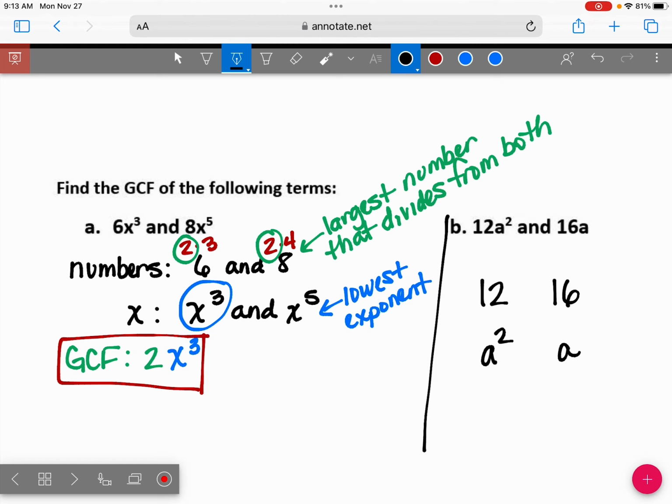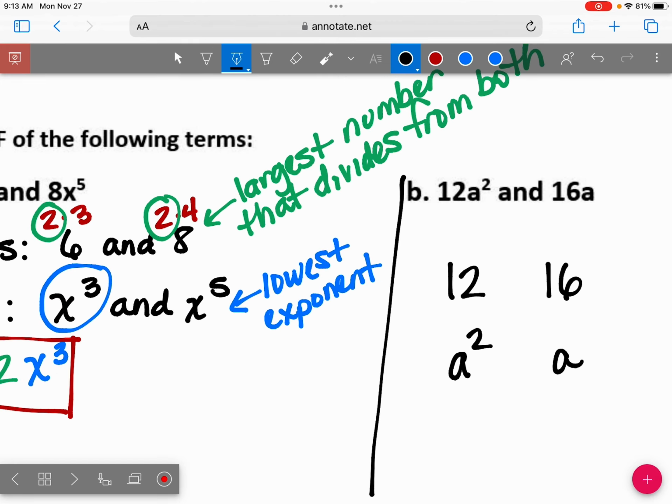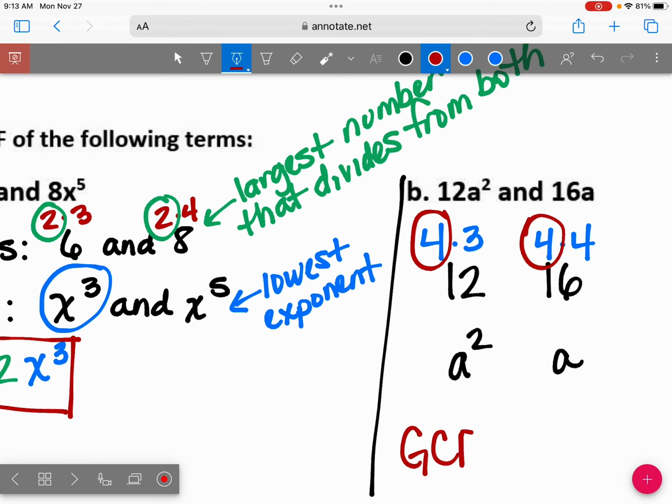And I can make copies of the times table if you all would like your own copy. But 12 can be broken down to 4 times 3. 16 can be broken down to 4 times 4. So what do they have in common? 4. So my GCF is going to start with a 4.